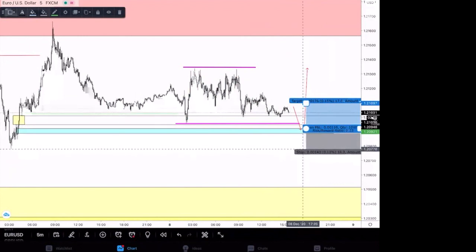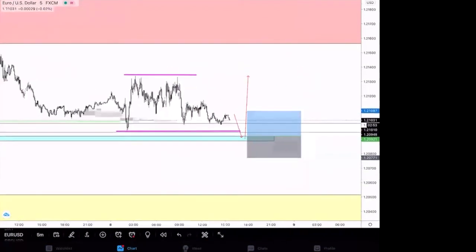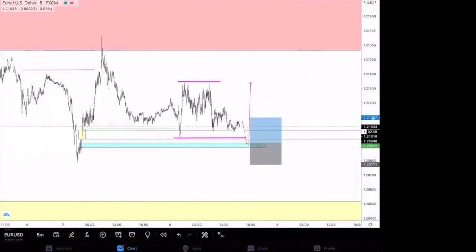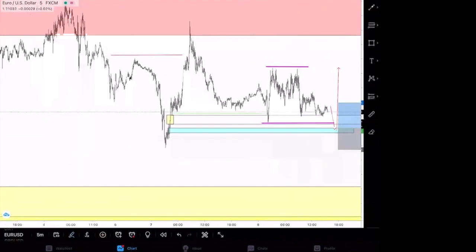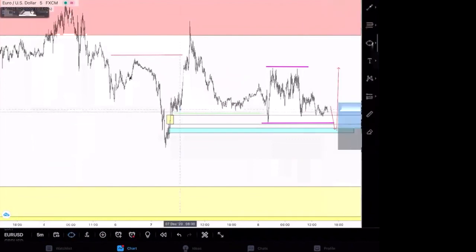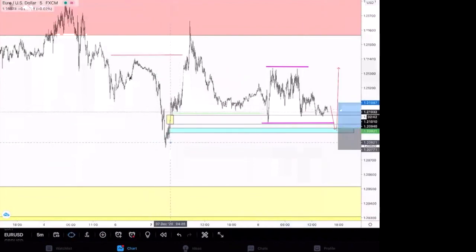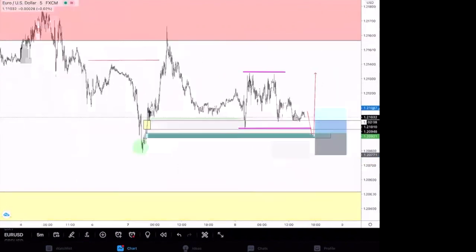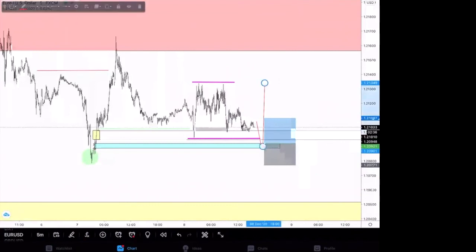But you can play the 15 just to be on the safe side, because you're not expecting to go below that low, right? You're expecting price to respect that low to make a higher high. To make a higher high all the way up here, to be honest.